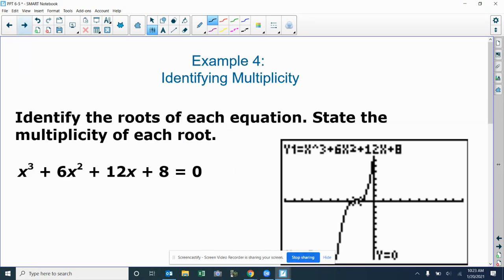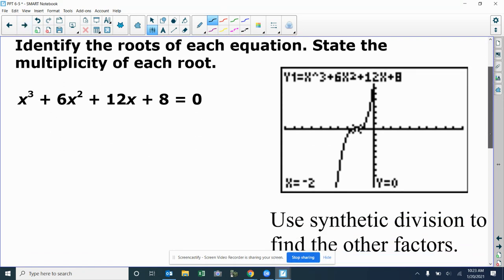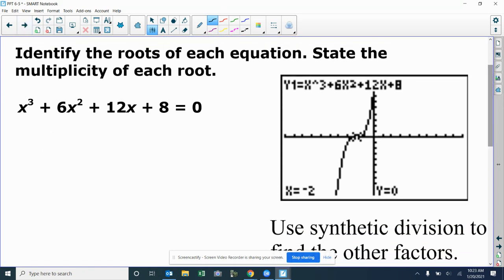See if you can graph this one again, and see if you can get what I have there. X cubed plus 6x squared plus 12x plus 8. So clear out your y equals from the previous one. Put that in there so you can get that particular graph.